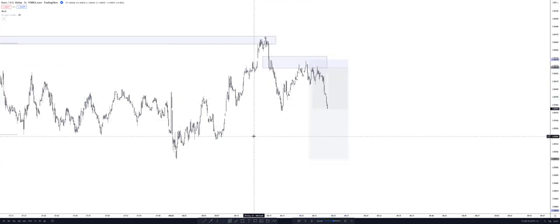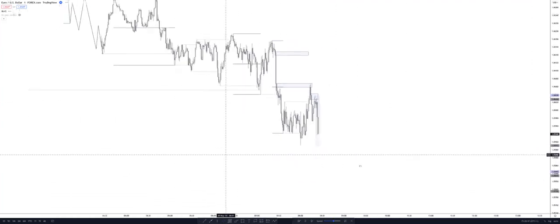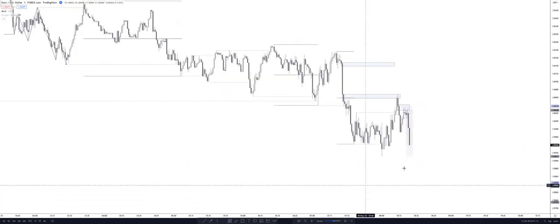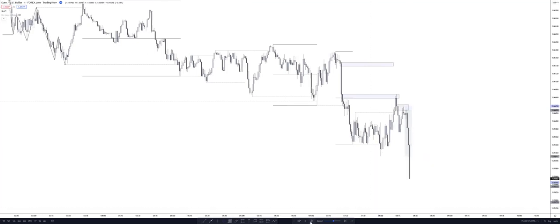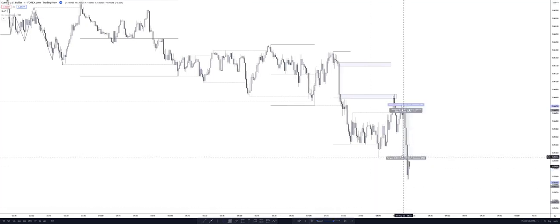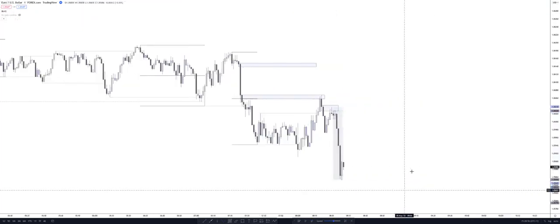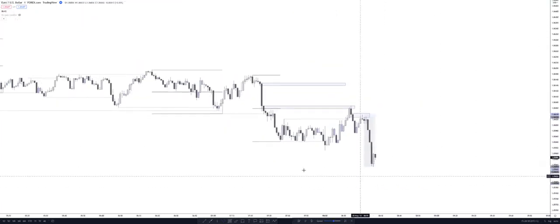So there again, order flow in place. And price does what it does, you know, goes down, take 17R, whatever you want, really quick.